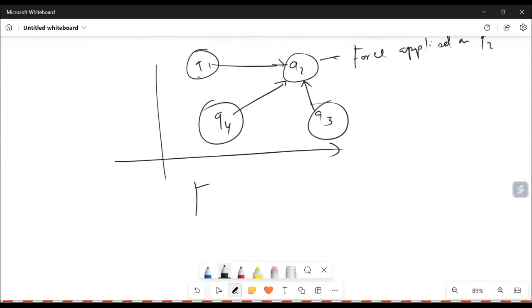Okay, we can write F net as the force on the second charge, or the first charge, you can write it, so it will be easier for you. This is one.